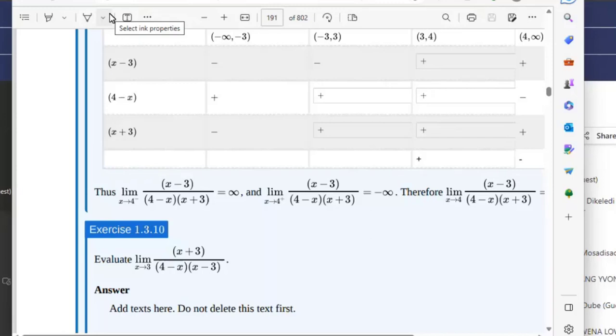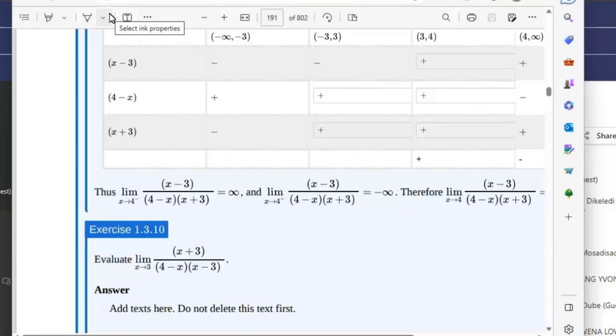Yes, sir. Thank you. Now we are going to the limit of x plus 3 over x minus 3 as x approaches 3 from the left. Still using the very same number, which I said is -5. When we put -5 in the place of x in the numerator, we get -2. And then below, we will have -8. Do we agree?